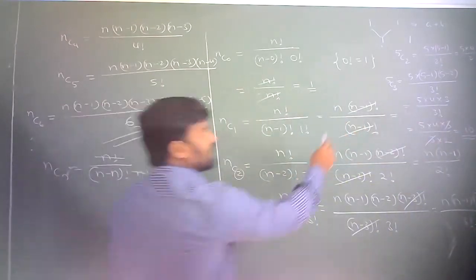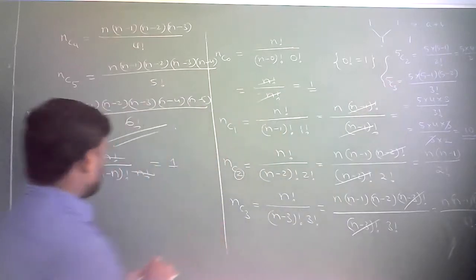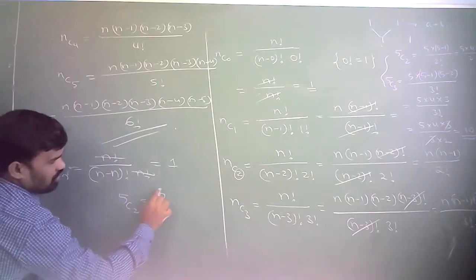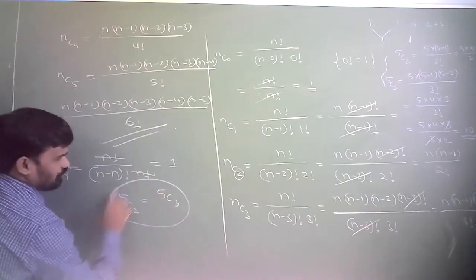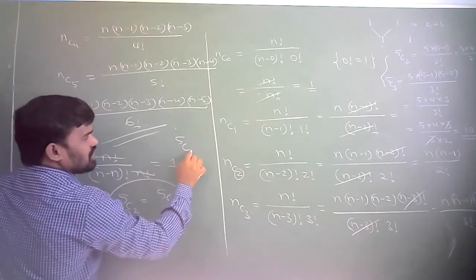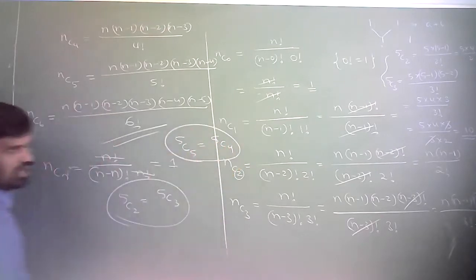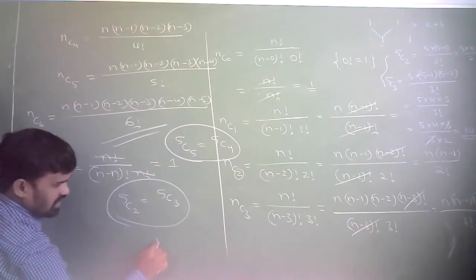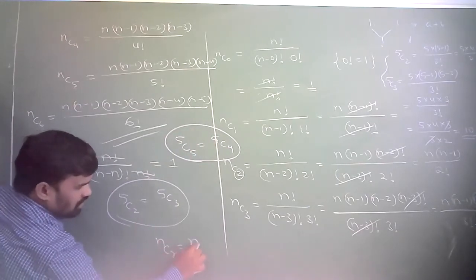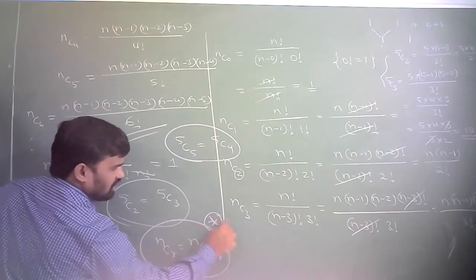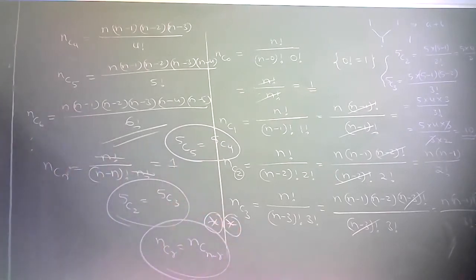Please, have you noticed this one, sir? Here, all of you understood that 5C2 value is equal to 5C3, and 5C5 value is equal to 5C4. It means NCR value is equal to NC(N minus R).